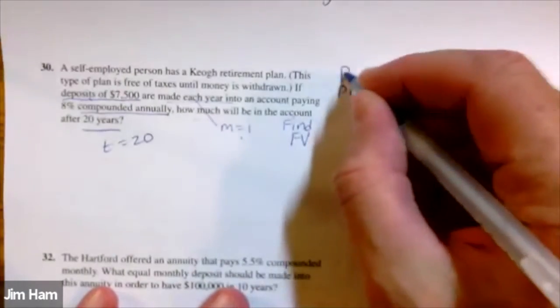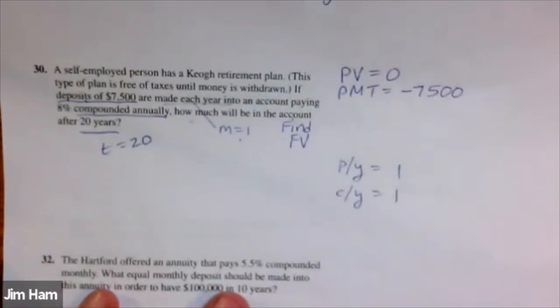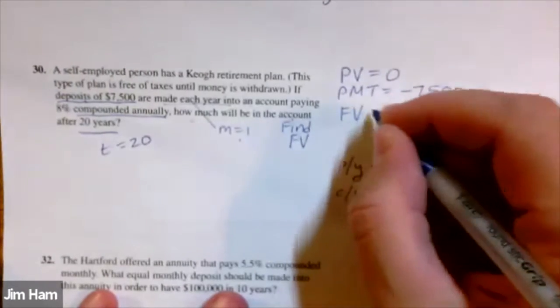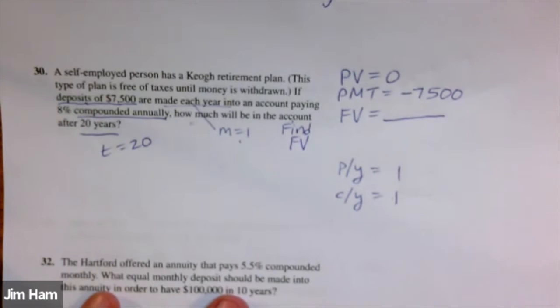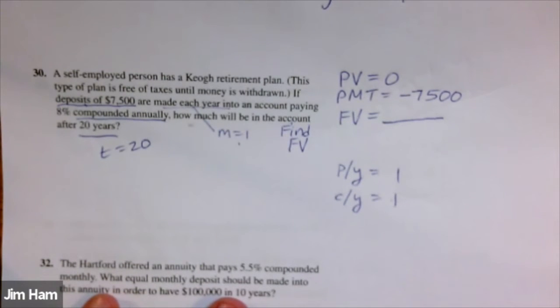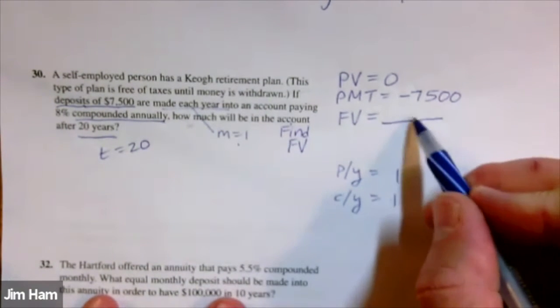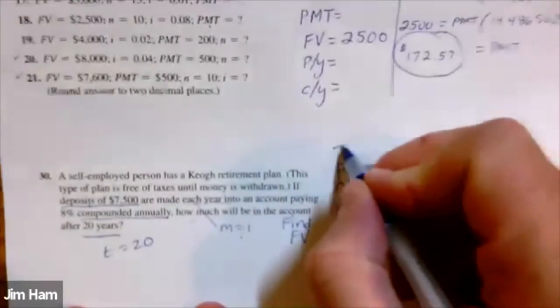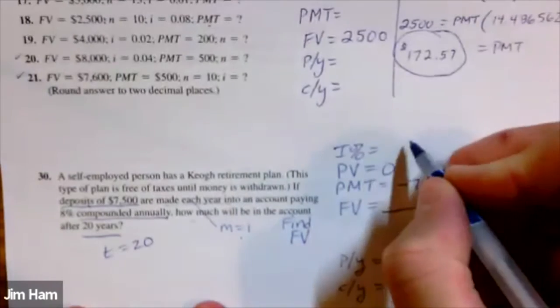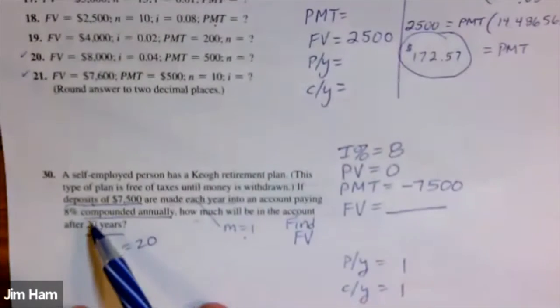All right, so present value is 0 in these problems. Future value is what we're looking for. So I'm going to leave that blank, and I'm going to come back to it and do an alpha solve on that. And then you've got I%. Usually the interest rate is not too bad because it appears in the problem.